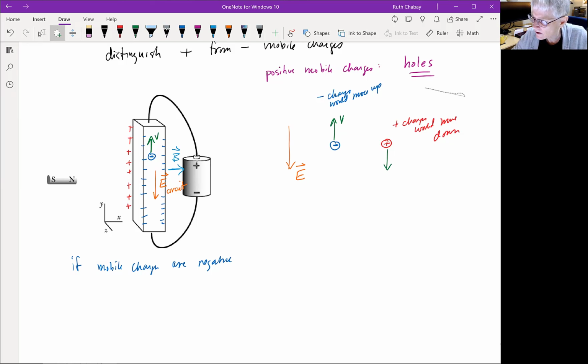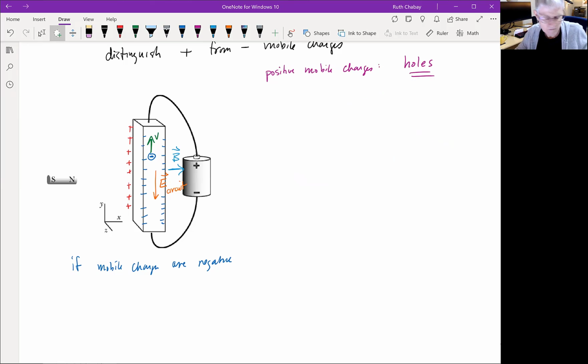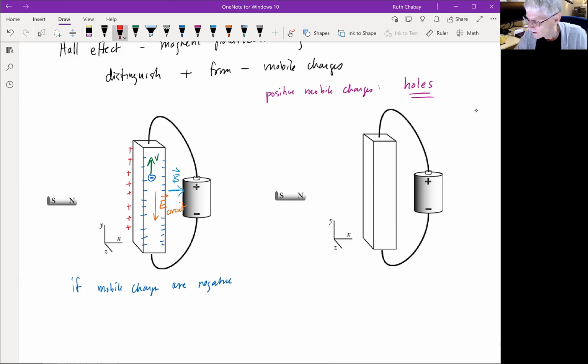So let's see what's going to happen if the mobile charges are positive. We've got the electric field down, we've got a positive charge moving down.